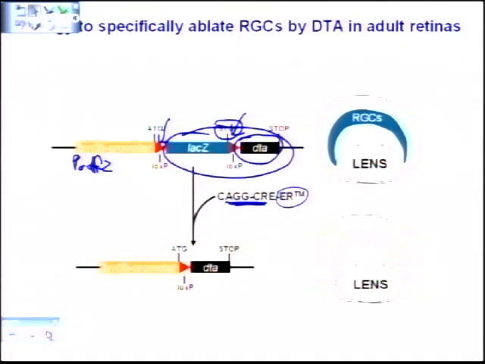Cre then removes these loxP sites by recombination, and so it removes the lacZ and activates the DTA and kills the cells. At least that's the theory. I never thought it would work, but we did it and it worked. That's why I'm telling you about it. And so we would lose the expression of the blue color, the reporter gene, in the ganglion cells.